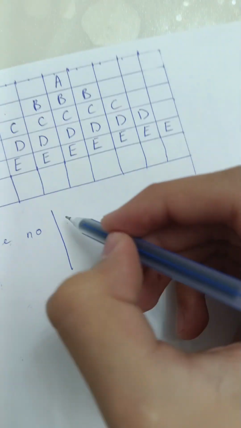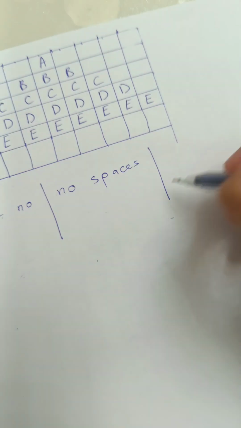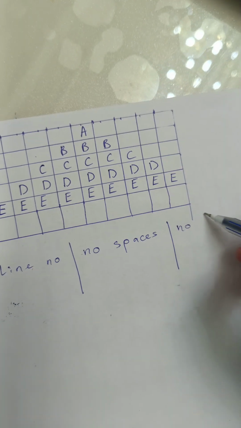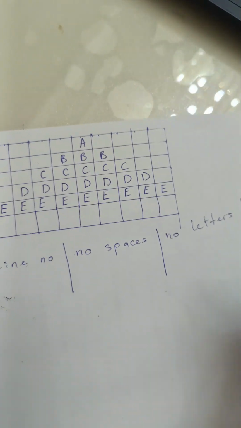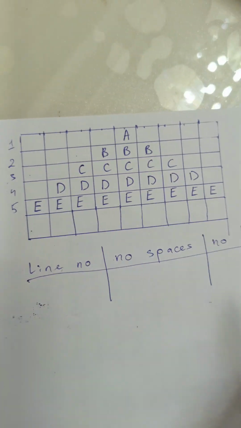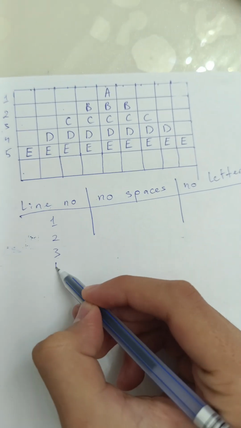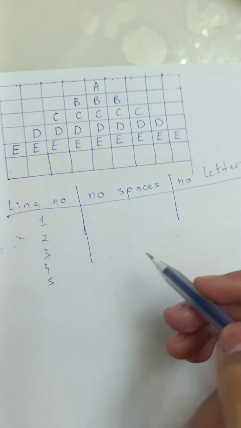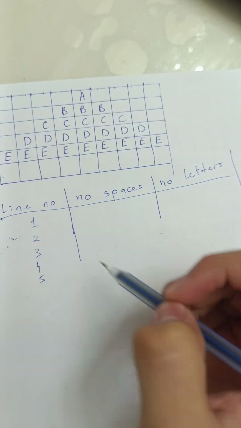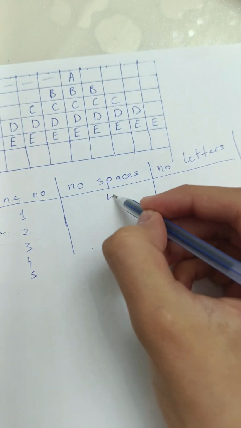And number of spaces and number of letters. So there are 5 lines, and in line number 1, there are 4 spaces.